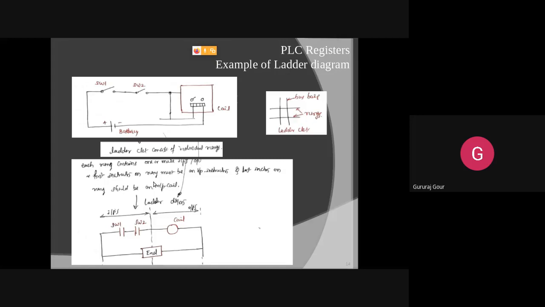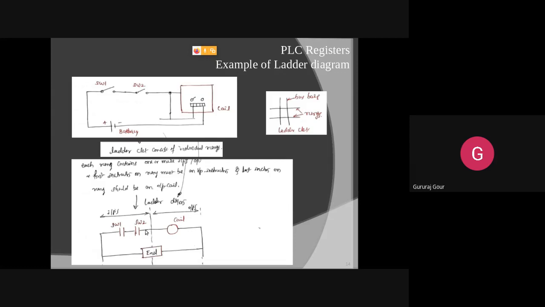So the first instruction on a rung must be an input instruction, and the last instruction on a rung should be an output coil. You can see here, both the switches act as inputs. They come under the input part, and for the output we can see the coil here. The coil, a solenoid, is what we are going to control, that is the output. We are going to end this with the end instruction.